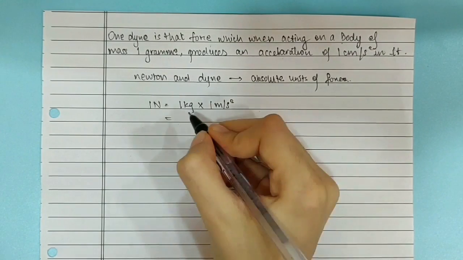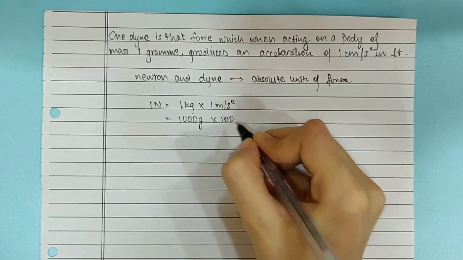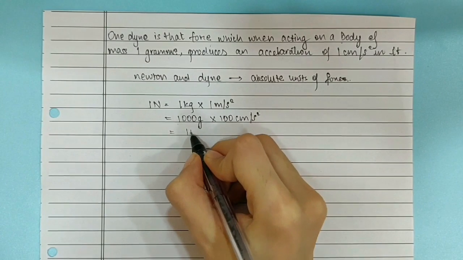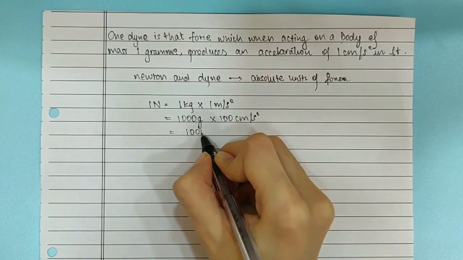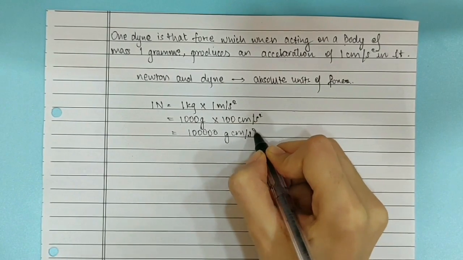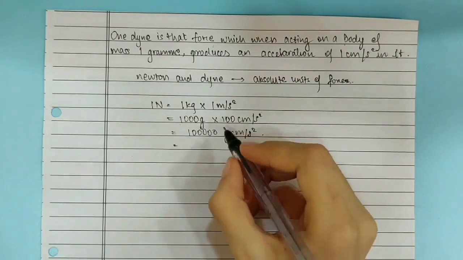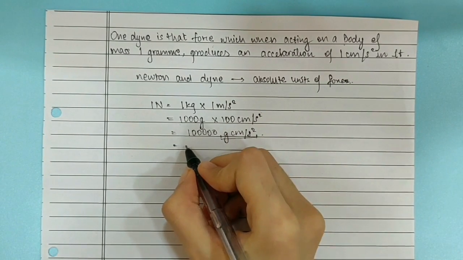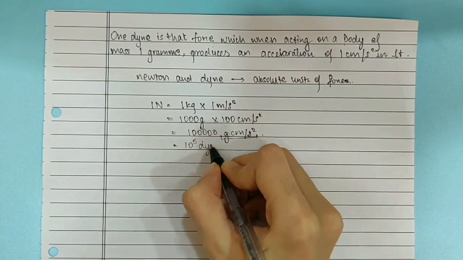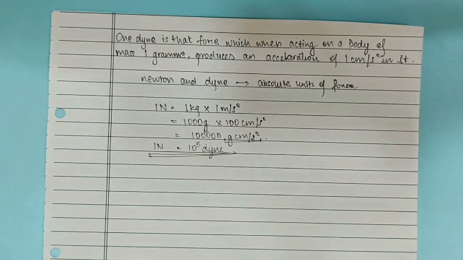That can also be 1000 grams into 100 centimeter per second square, which is 10 raised to 5 dyne. So therefore 1 Newton is equal to 10^5 dyne.